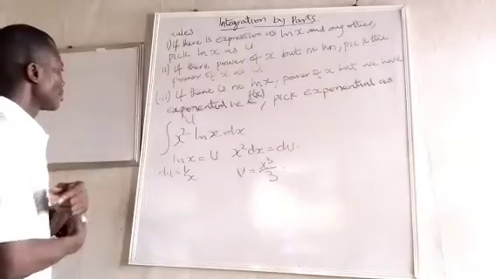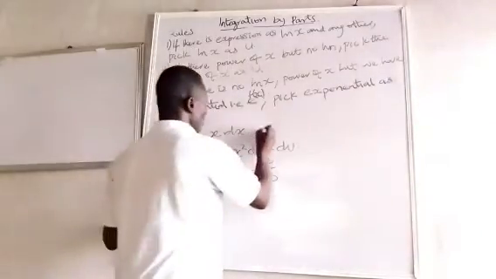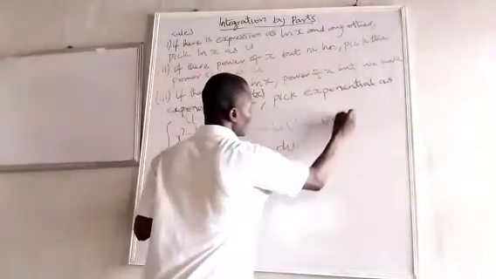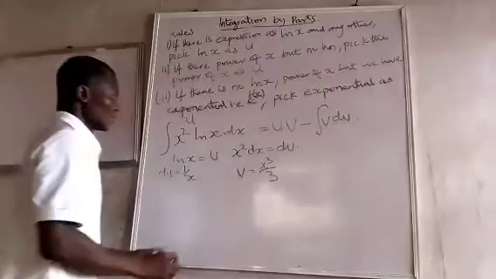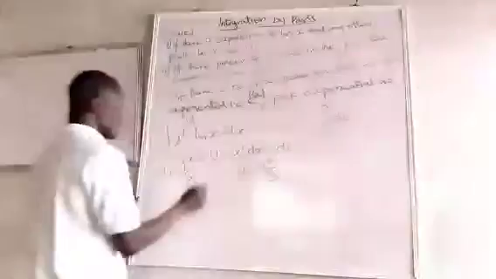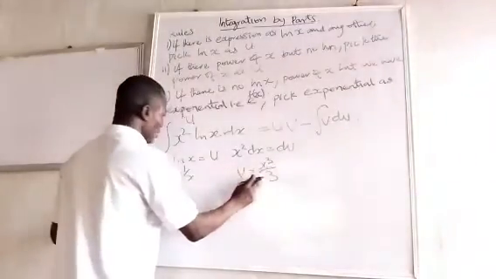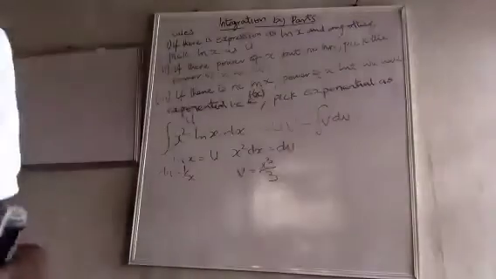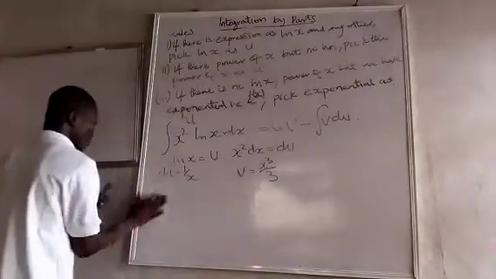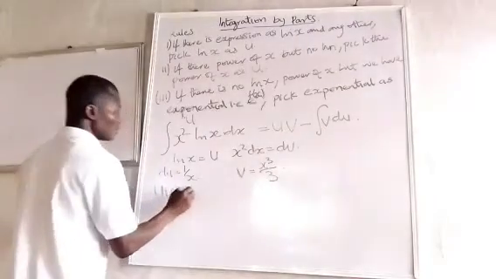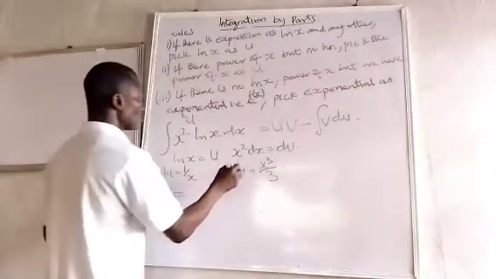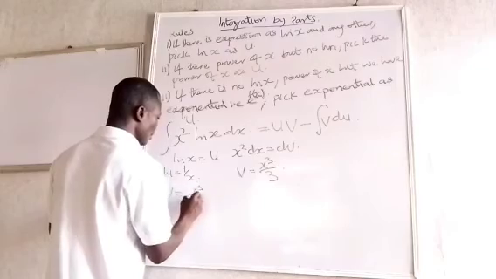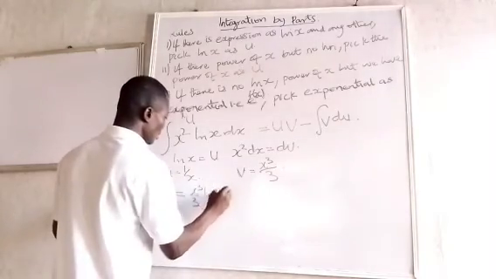Now, you know that this integral is equal to uv minus the integral of v du. So the next thing is to get uv. This is our u and this is our v. So uv will be equal to x cubed over 3 ln x.